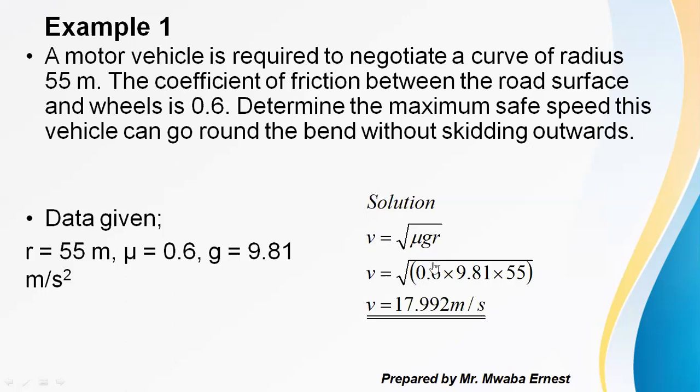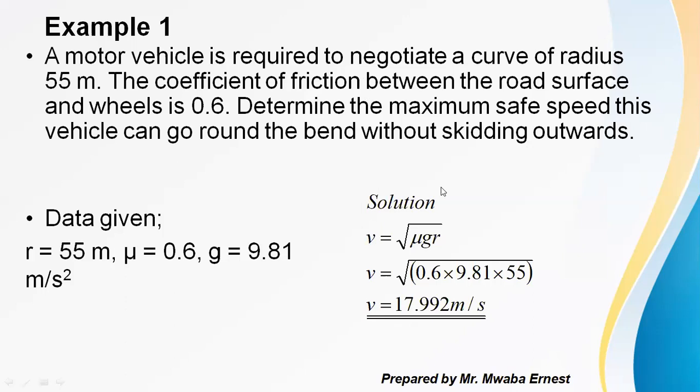The coefficient of friction is 0.6, acceleration due to gravity is the standard 9.81, and the radius of the road surface is 55. Entered into your calculator, the end result is 17.992 meters per second.